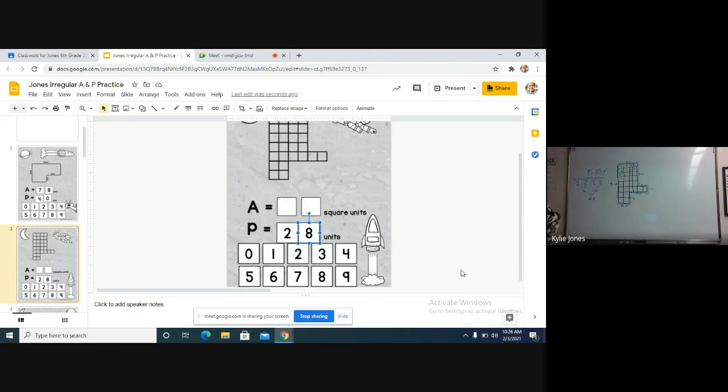About 30 more seconds counting the boxes. Once you have the boxes counted, you have the area. It's the space inside.